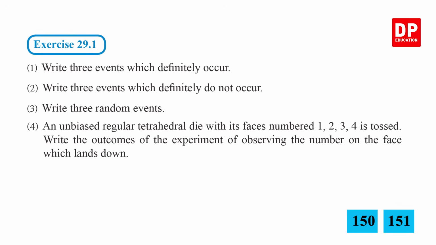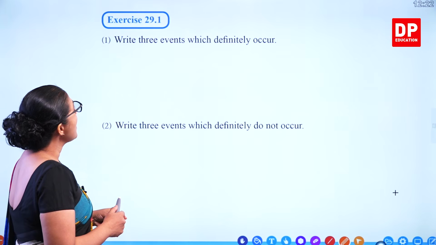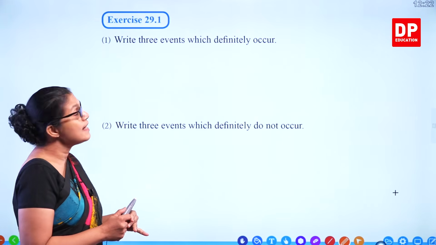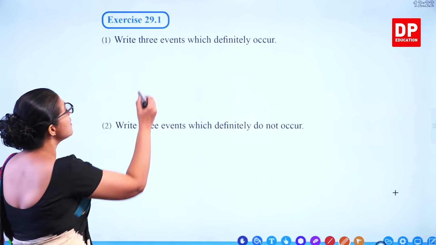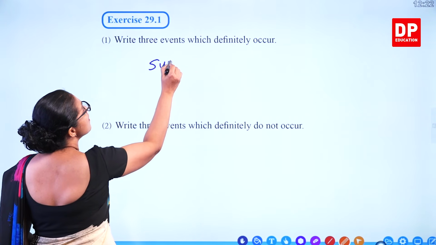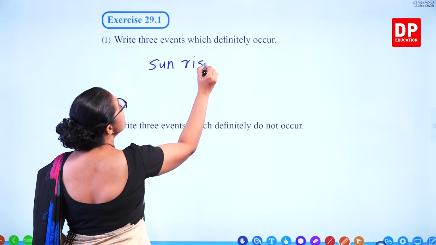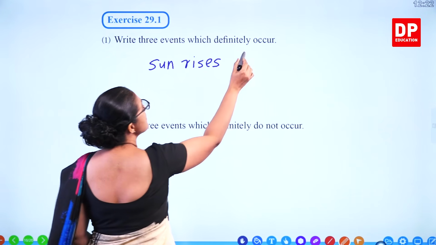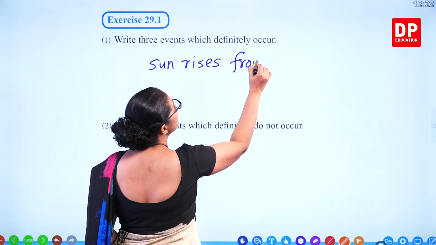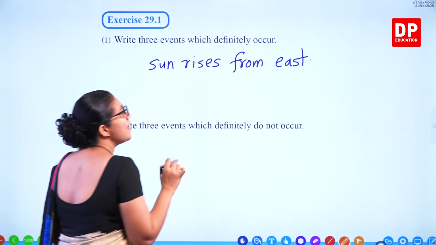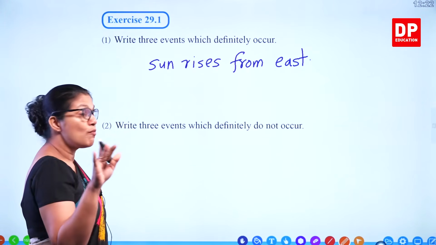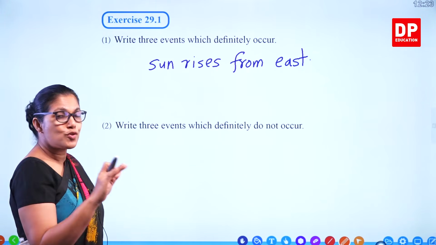Now we'll do exercise 29.1. Write 3 events which definitely occur. That means certain to happen. So we know the sun rises from the east. That's definitely happening. And when you take water, water flows from up to down.